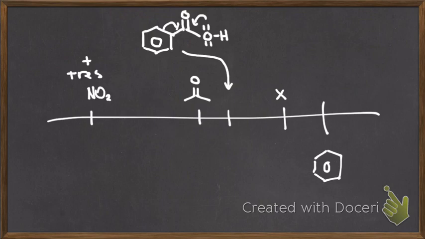Turns out NH3+, or NR3+, it's so hard to draw with this pen, okay? That's very strongly deactivating too. It's not as strong as a nitro, but it's somewhere in between a carbonyl and a nitro group.